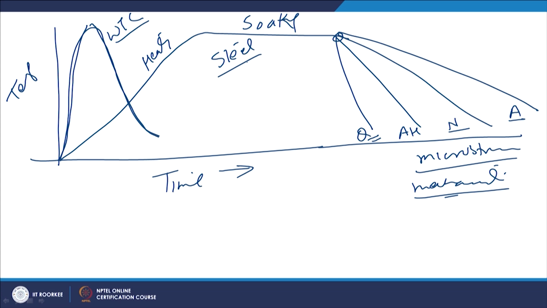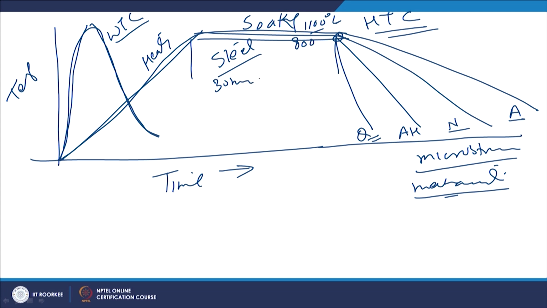So, if we compare the weld thermal cycle with the typical heat treatment cycle, then heat treatment cycle is very long, where it takes very long to heat to the required temperature, which is normally say in the range of 800 to 1100 degrees centigrade, and then followed by the soaking for longer period, which may vary as per the section size from say 30 minutes to the 2 to 3 hours as per the case, and then different cooling rates, like cooling rate varying from 2 to 5 degrees centigrade per second to 100 to 200 degrees centigrade per second.